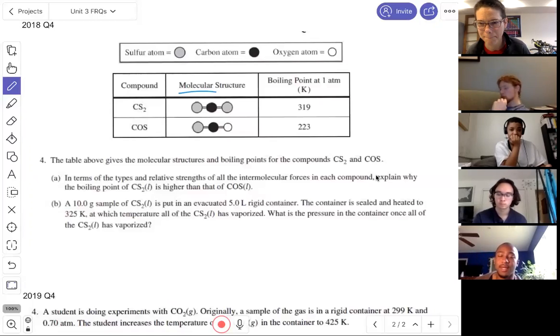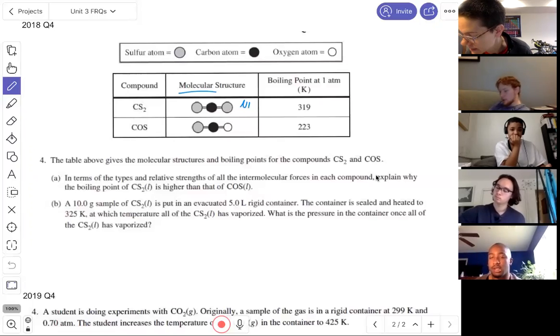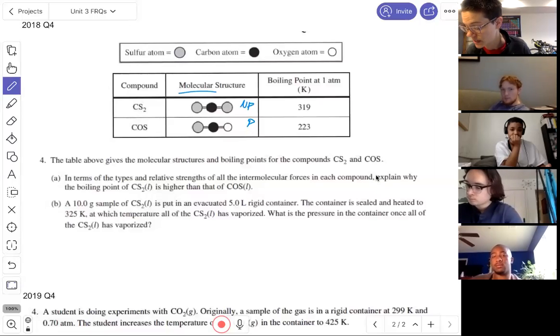Anybody? Ms. Baskin? Is it that CS2 is nonpolar and COS is polar? Yes. Nonpolar, polar, right? So I've got symmetry in the CS2 and I don't in the COS. You should be able to quickly pick that up visually.